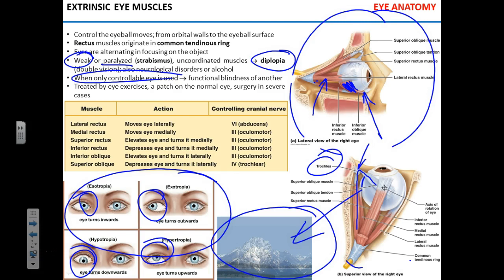The person may develop so-called functional blindness. The eye is still completely fine. I mean, it receives sensory information, it sends sensory information to the brain, but that sensory information is filtered out. That's called functional blindness. Any questions?